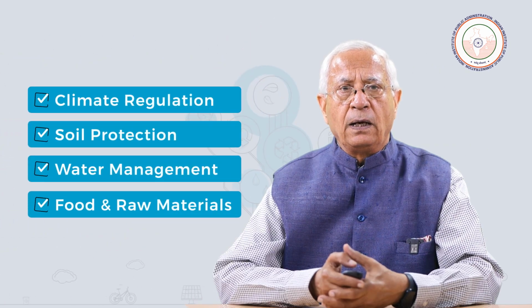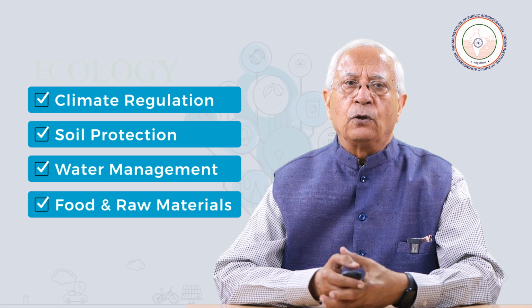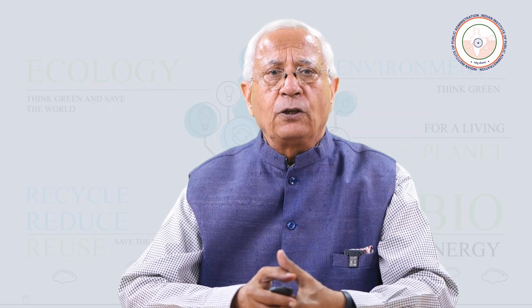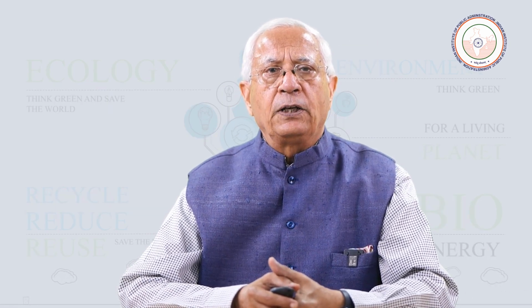As we discussed earlier, forests are required for climate regulation, soil protection, water management, food, and raw material. Forests also help in protection of biodiversity, especially endemic species. So we need good quality forests in our country.